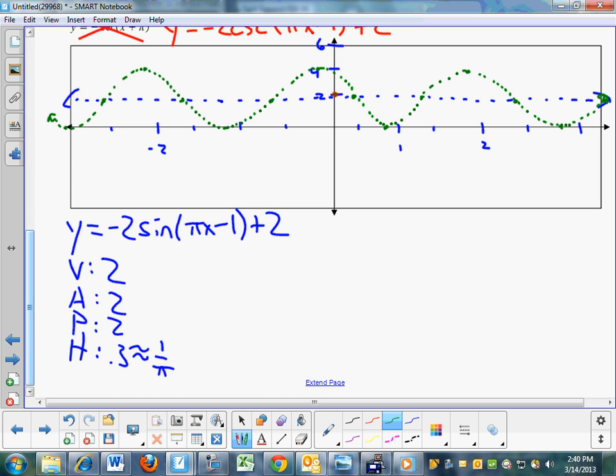Everybody see how I generated that? Now here's the only difference. You don't put the undefined spots where it crosses the x-axis.